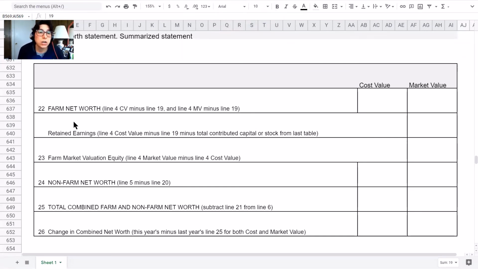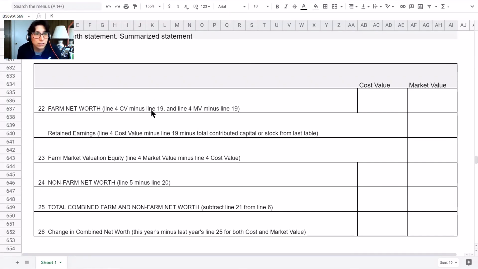Okay, so like I said, basically we can do that math for you, but it's really very simple and you could do it yourself. The first thing you would have to do is calculate farm net worth, which is line 4 cost value minus line 19. Can you guess what this is?